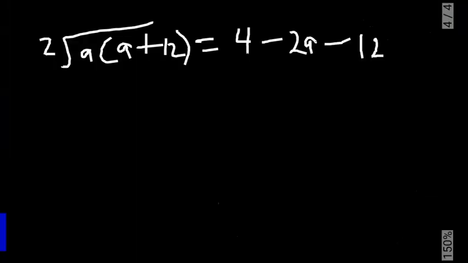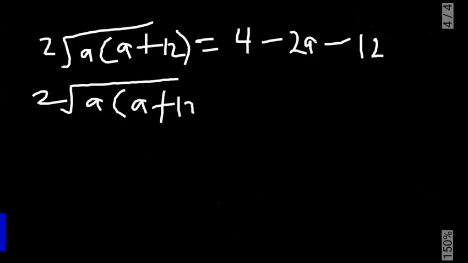So we have 2 root a plus 12 equal to 4 minus 12 minus 8 minus 2a.